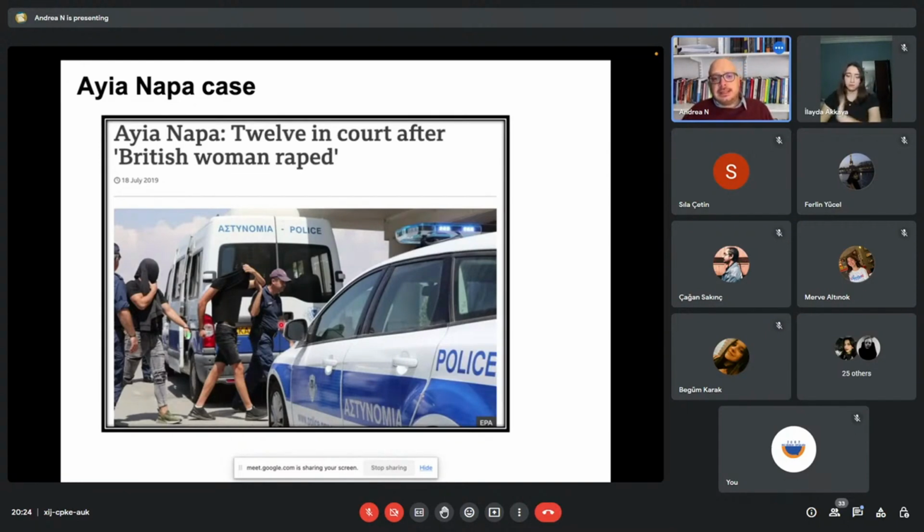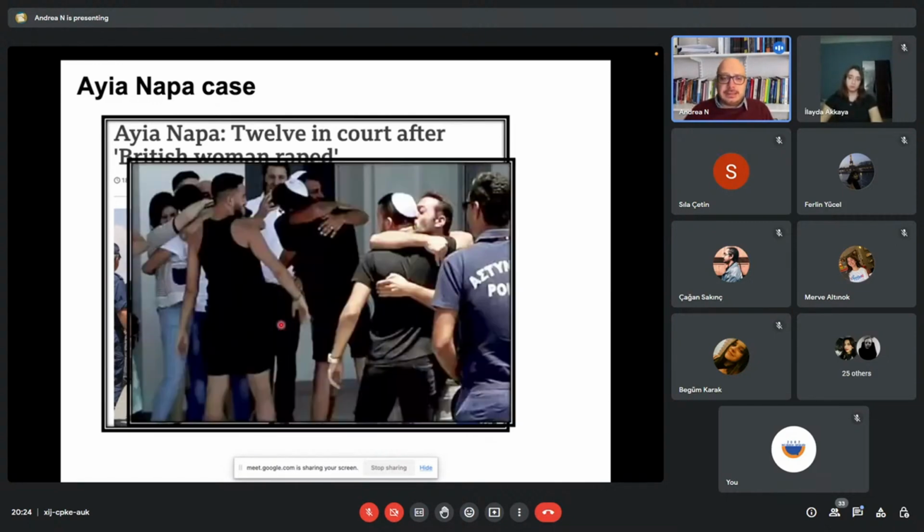So the police went and arrested these men, but these men were actually released soon after that, because the police asked this woman for another statement. She made a first statement in which she said that she was raped, but they called her again to make a second statement, and in the second statement she wrote that it was not true that she was raped, that she made that up.